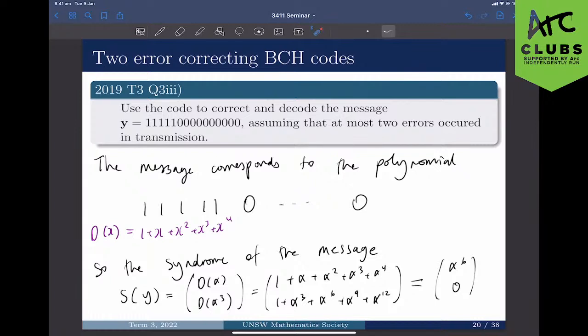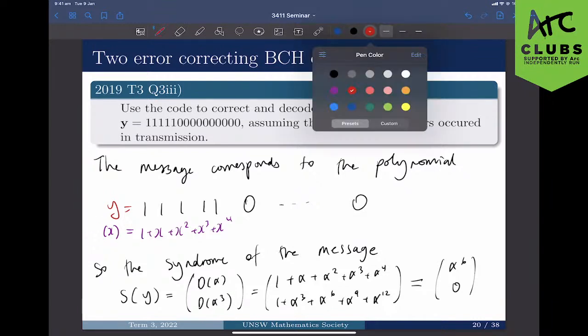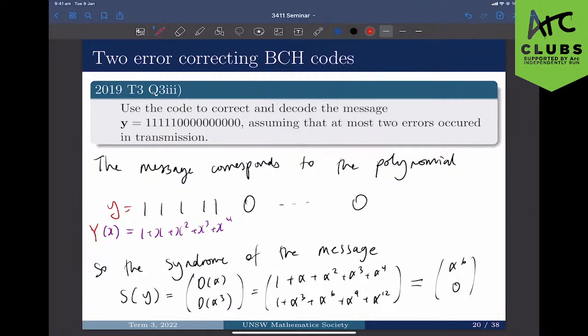So we have this code y, which is 1, 1, so there's 5 ones, and the remaining is all zeros. That's pretty convenient to look at, to be honest. Now the polynomial for this should be y(x), because that's the code word polynomial for y.